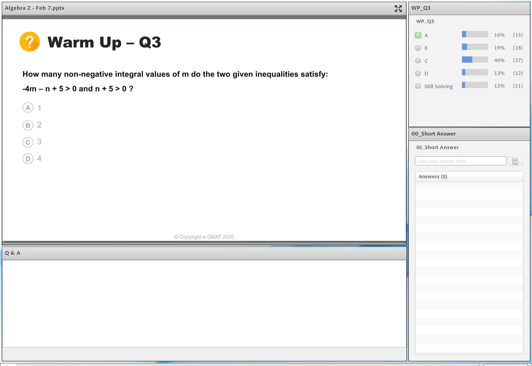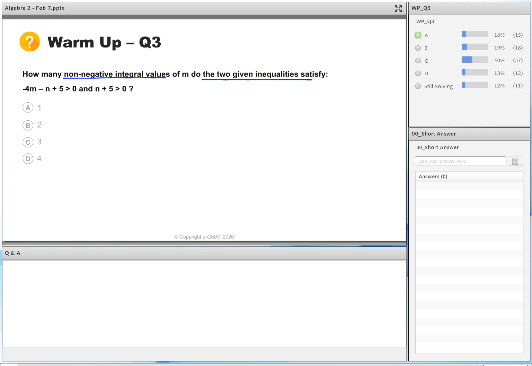All right, now before I move ahead in the question, let's read this question and understand what I want to find out through it. How many non-negative integral values of m do the two given inequalities satisfy? So I first have to calculate the range of m.